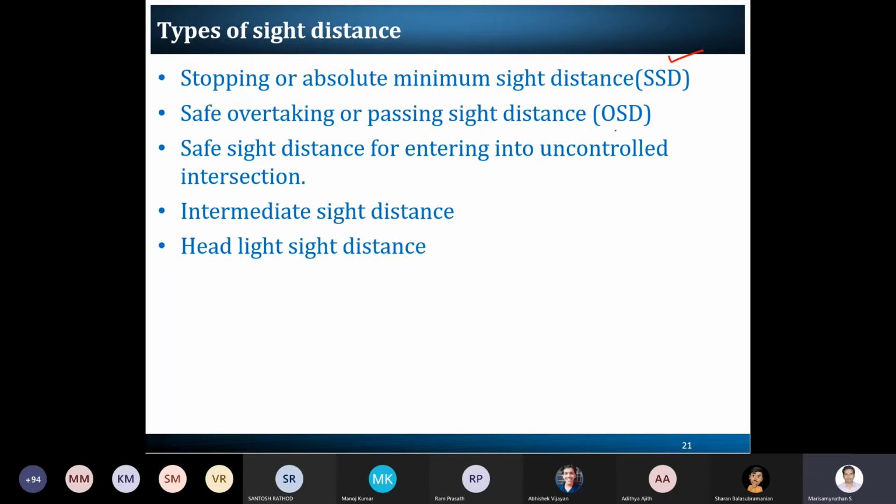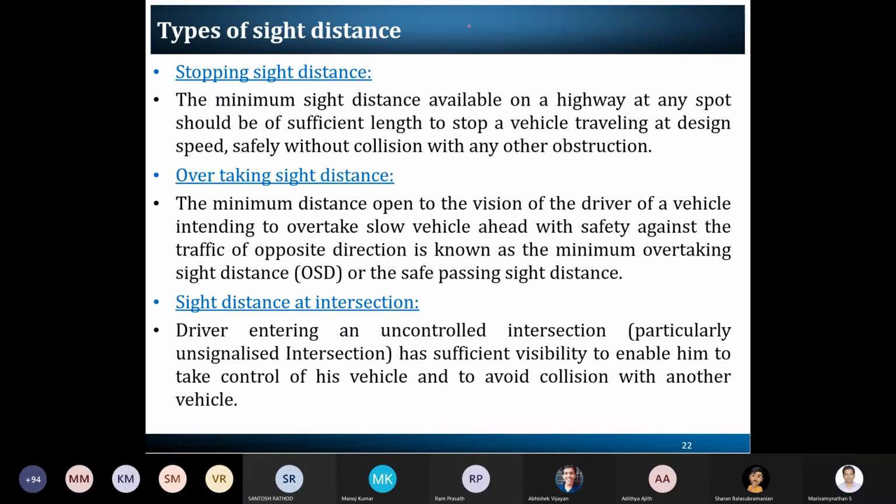When it comes to overtaking, that is considered the overtaking sight distance or passing sight distance. Then the safe sight distance for entering an uncontrolled intersection, intermediate sight distance, and headlight sight distance. So these are the five major sight distances classified under the types of sight distance. The explanation is the same as given here.